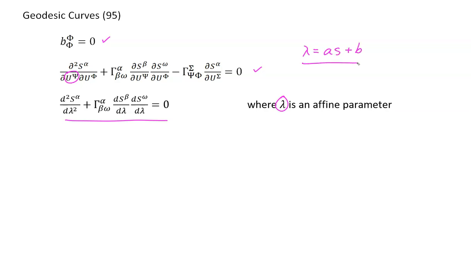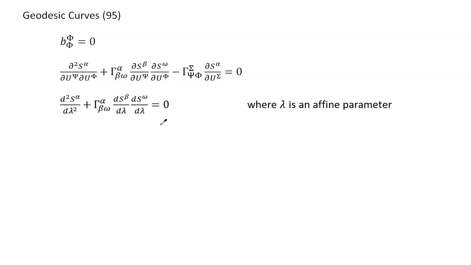So as long as this condition is met, we can express the condition for a geodesic curve in this form. And finally, using the Euler-Lagrange equation, we were able to show that a geodesic curve is the equivalent of what we call a stationary path. And that means that it is a necessary condition for being the shortest possible path between 2 points. But remember that we also demonstrated that it is not a sufficient condition.